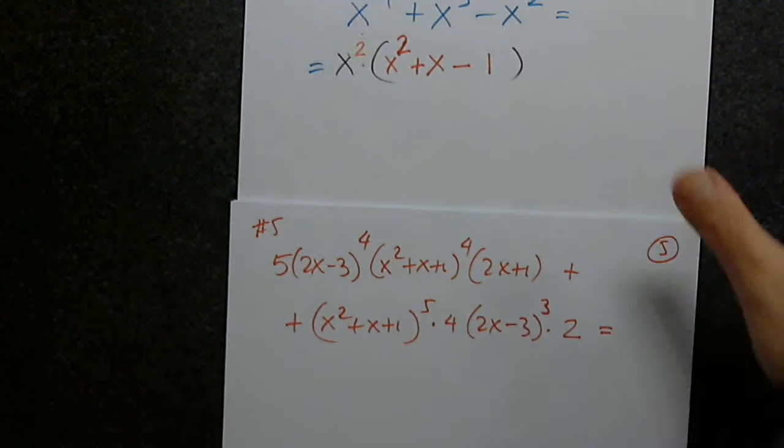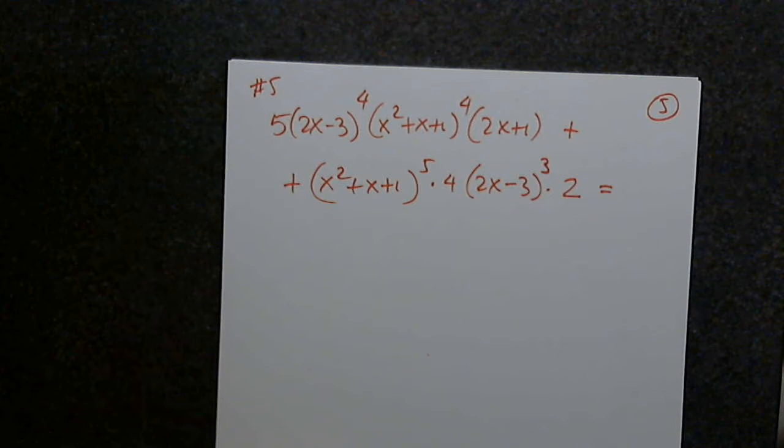Okay, so my first question, how many terms do we see in this problem? So we have to differentiate between factors and terms, right? So when I say factors, the quantities are multiplied.